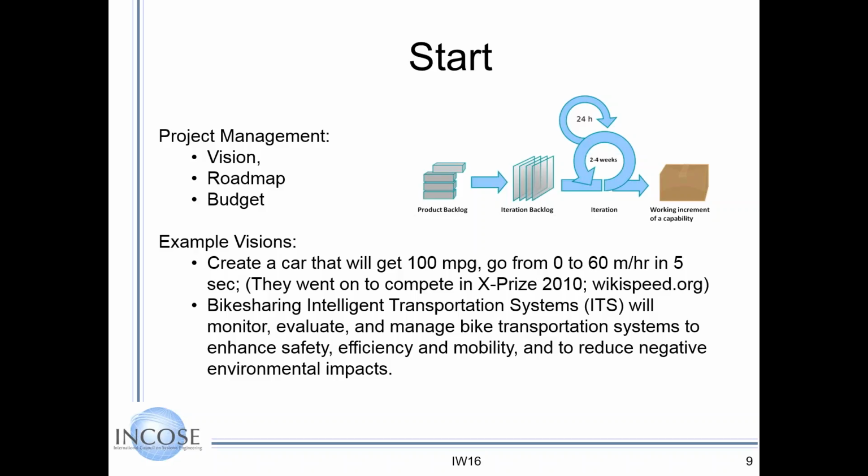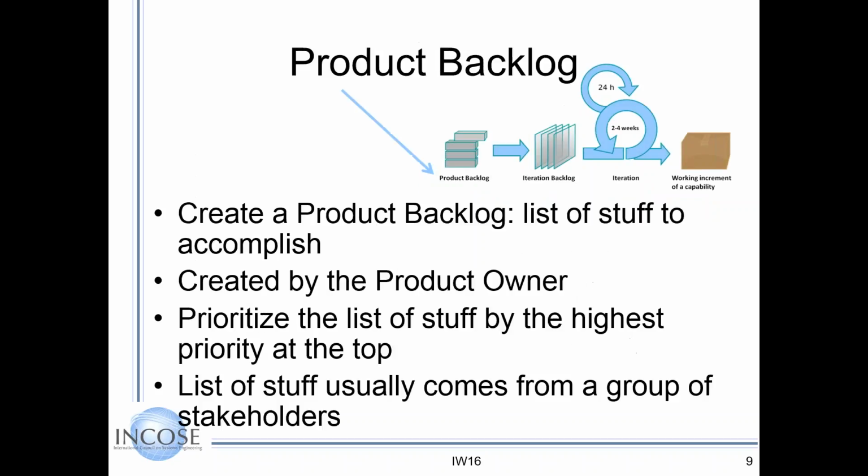Another example of a vision, intelligent transportation systems and manage bike transport, enhance safety, efficiency, and to reduce negative environmental impact. That's kind of broad, covers a lot of that, and bike sharing accomplished.